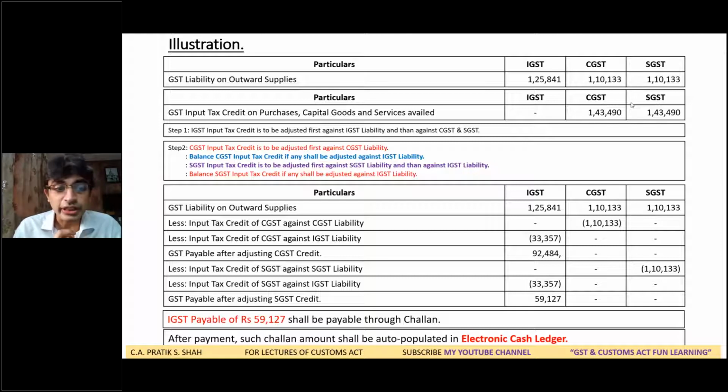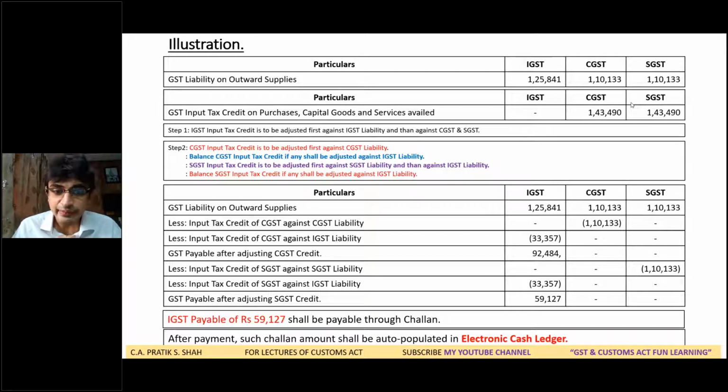Now when you click on e-payment, you get three options: over the counter, NEFT or e-payment. There is a 14-digit CPIN number, which is known as Common Portal Identification Number. This is valid for 15 days. After that, you need to generate a new challan.